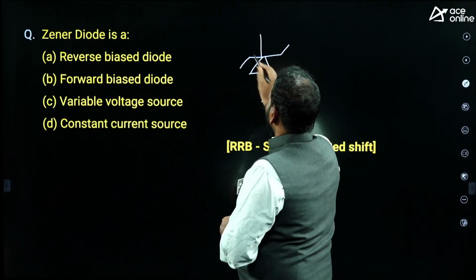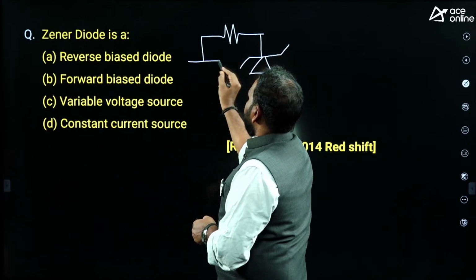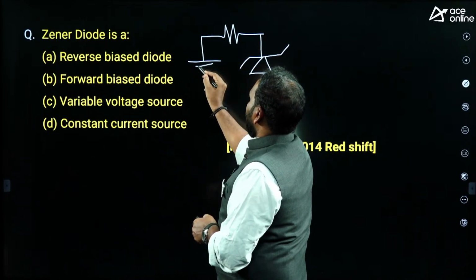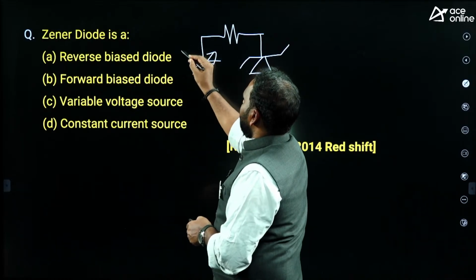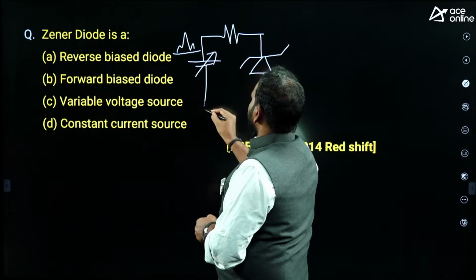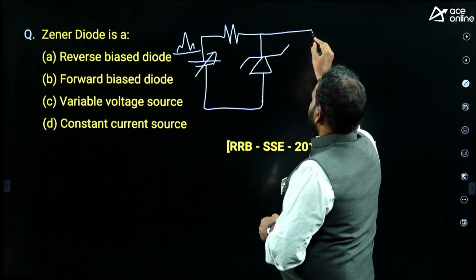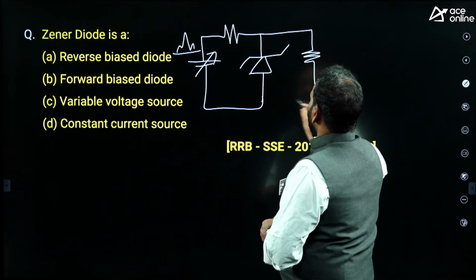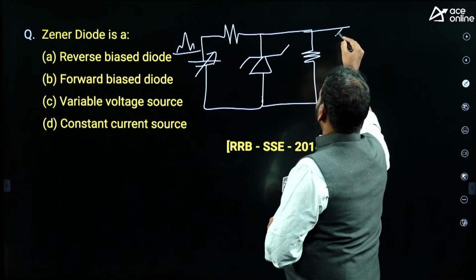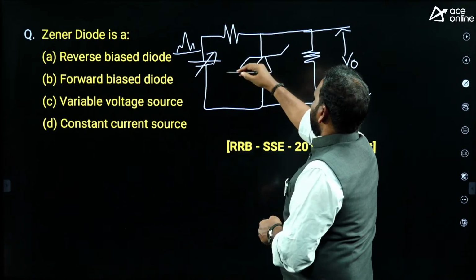This is the symbol of the Zener diode. We provide some unregulated voltage here, with positive and negative terminals, and this is the regulated voltage we can obtain at the load. Output voltage is nothing but Vz.